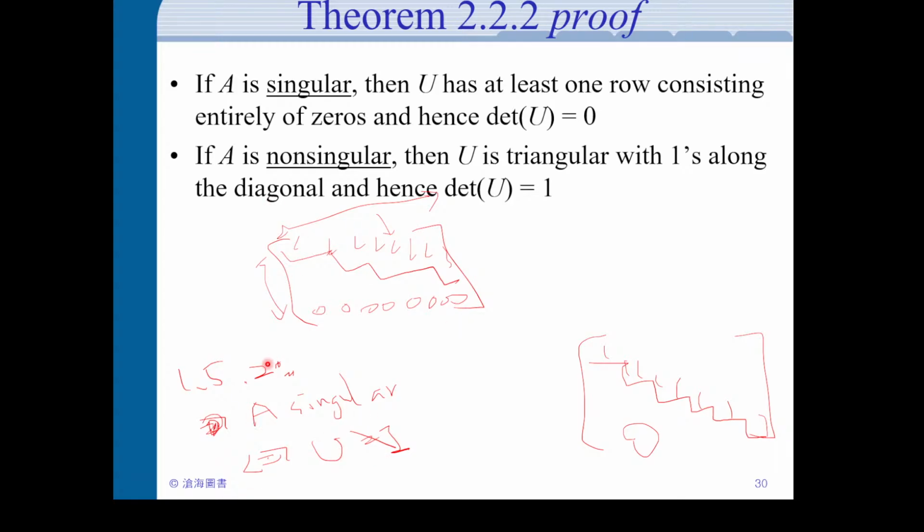Then you try to write down the reduced row echelon form of an n by n matrix not equal to identity. Then you see that you must have a whole bunch of 0s at the end. Otherwise, it must be equal to identity. Okay? So this is our proof.